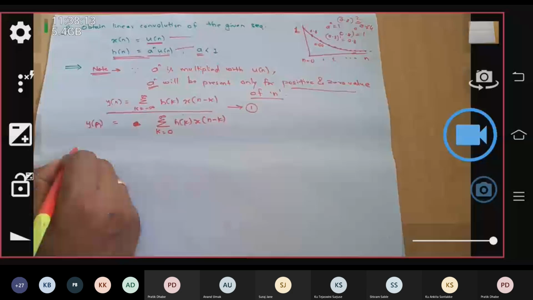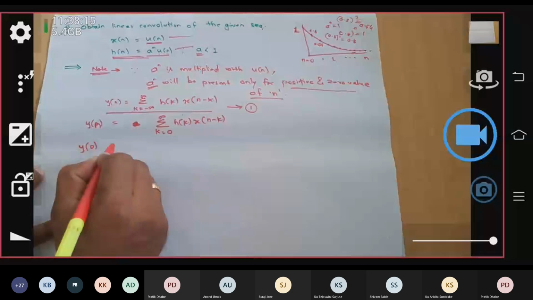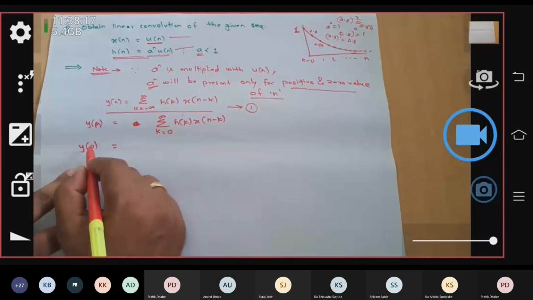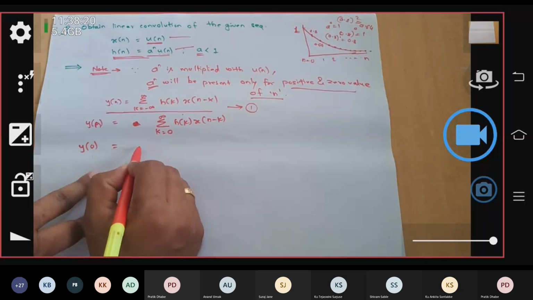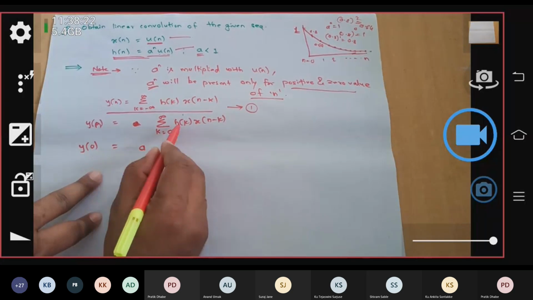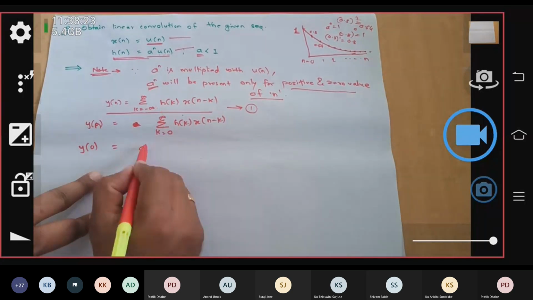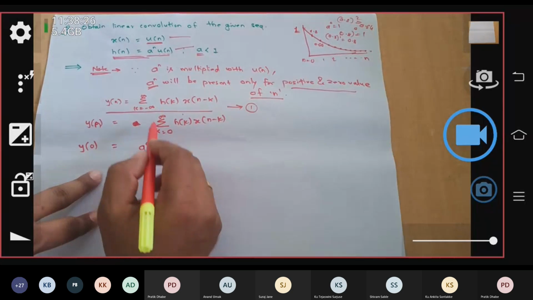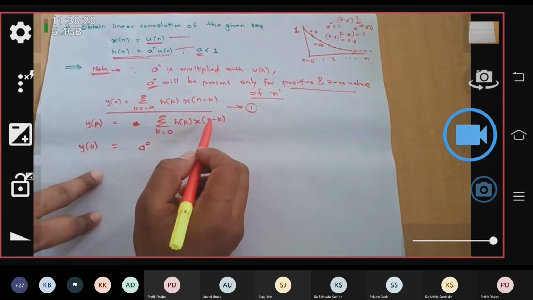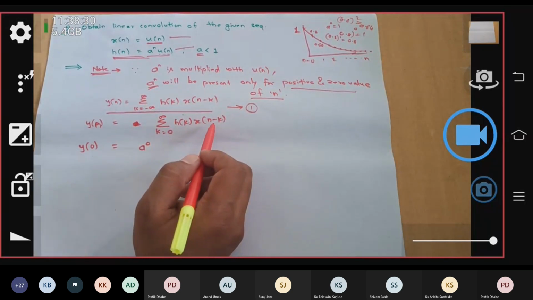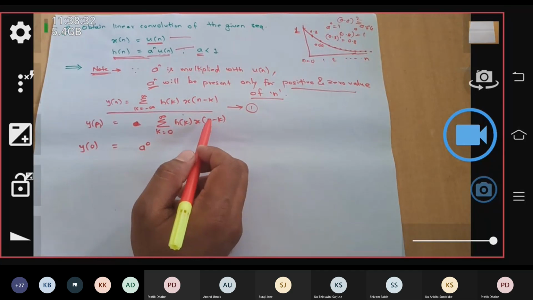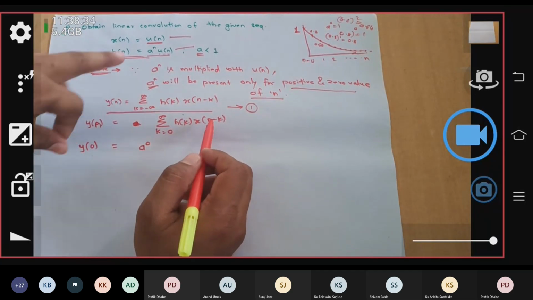Now let us substitute one by one the values of n. First, if n is equal to 0, you will get y of 0, and y of 0 will be h of k, which is a raised to n, a raised to 0. Then x of n minus k. But what is x of k? X of k is u of n.